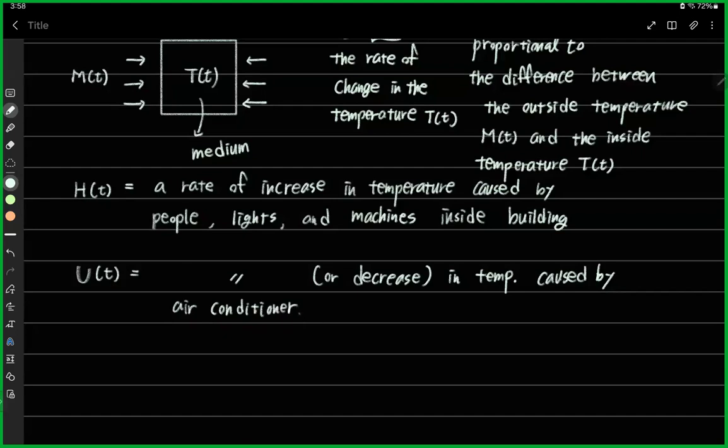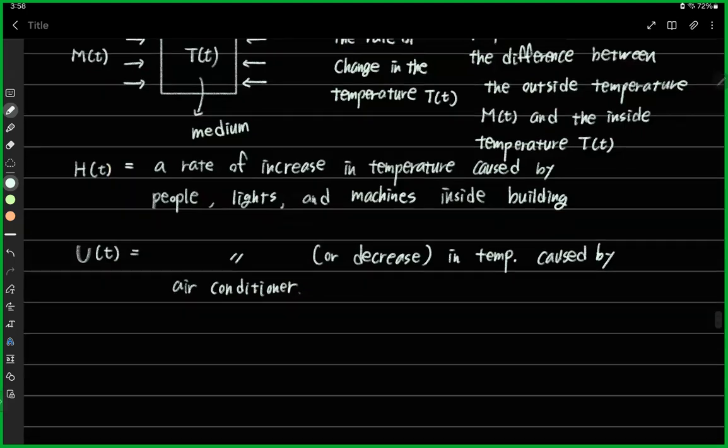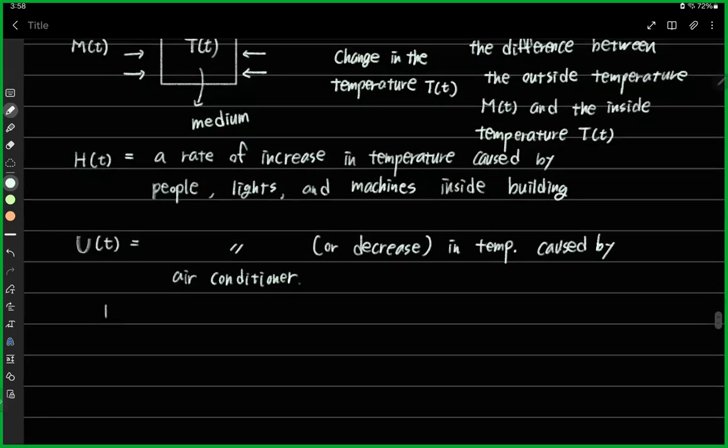Let's see an example. So, oh, sorry, before doing that, if we just add H and U in Newton's law of cooling, then the differential equation becomes like that. So k times (M minus T), and then plus H plus U. Okay.